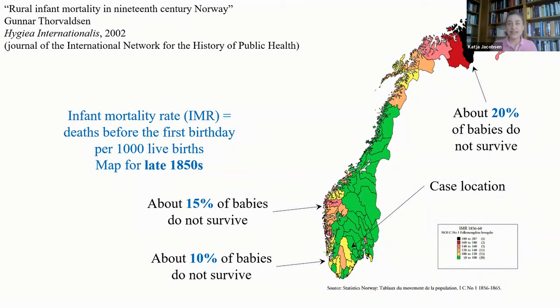So again, the idea of 2 young children dying in one family is something we cannot understand from a high-income country perspective. But back then, that may not have been that unusual in the community where this case location happened.